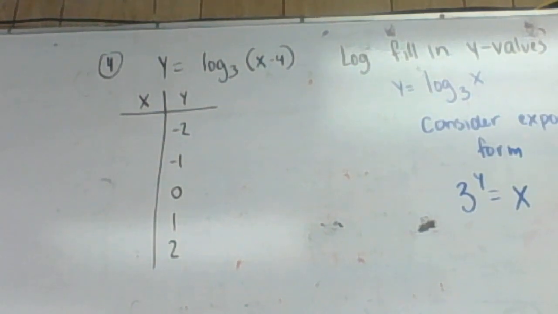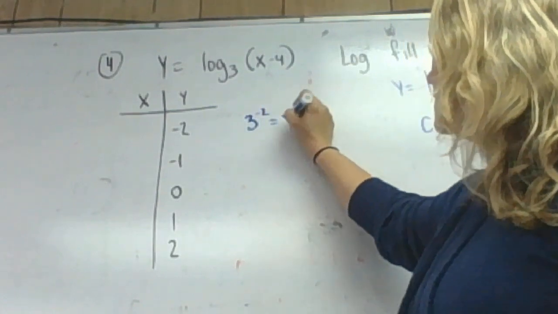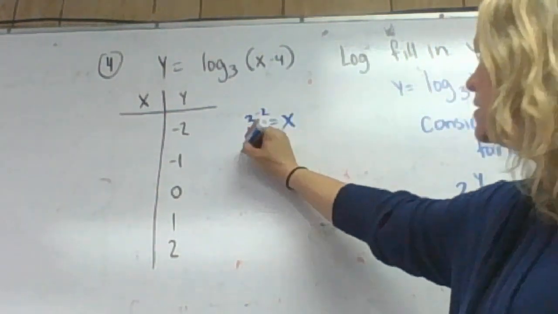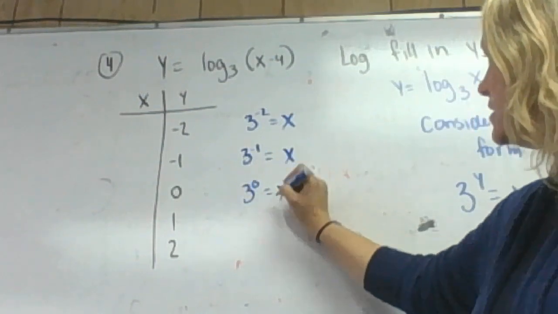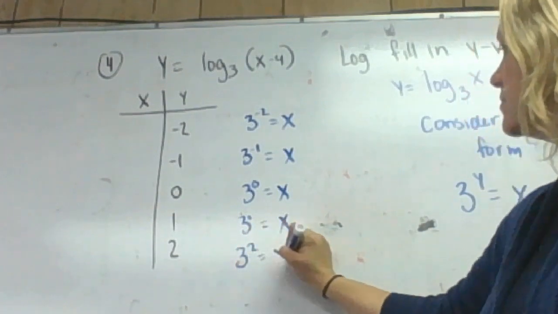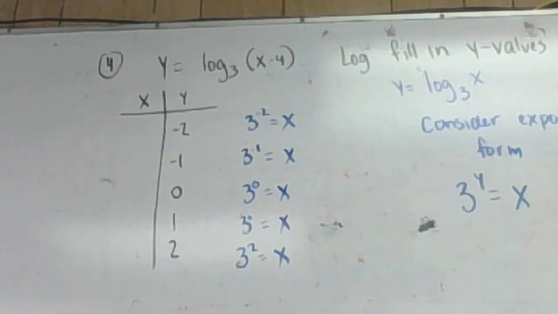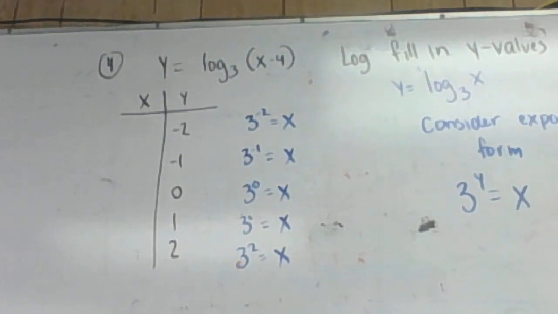So to come up with our x's, we'll do 3 to the -2 equals x. 3 to the -1 equals x. 3 to the 0 is x. 3 to the first is x. And 3 squared is x. That's how you find your x's. Logarithms, you do it kind of backwards. That's one strategy. Get your x's, move them right, plot on your graph.